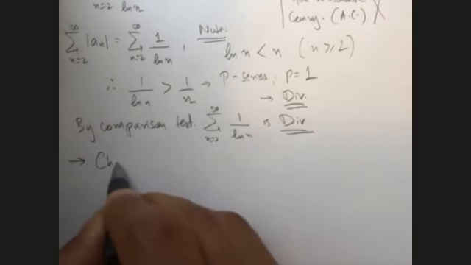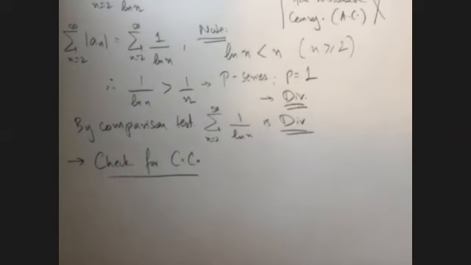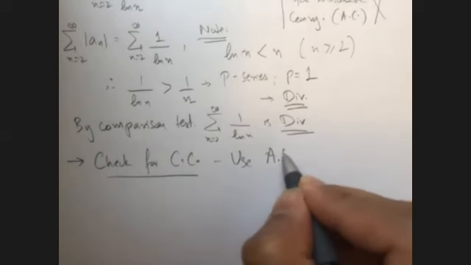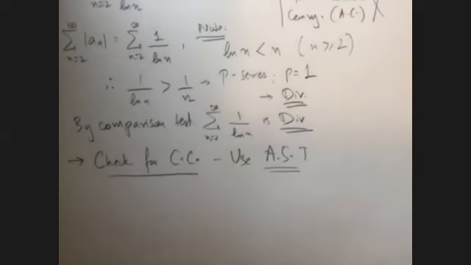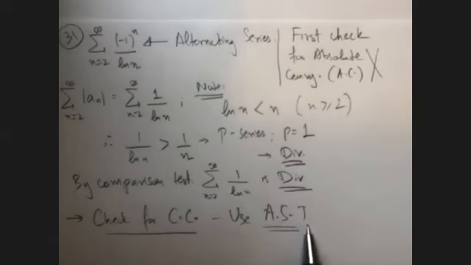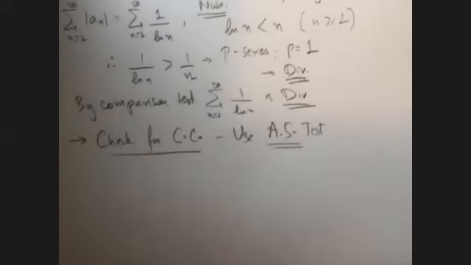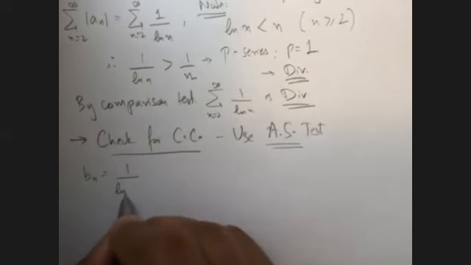Now check for conditionally convergent. So we use the alternating series test, AST. So if you recall, b_n is 1 over ln n.